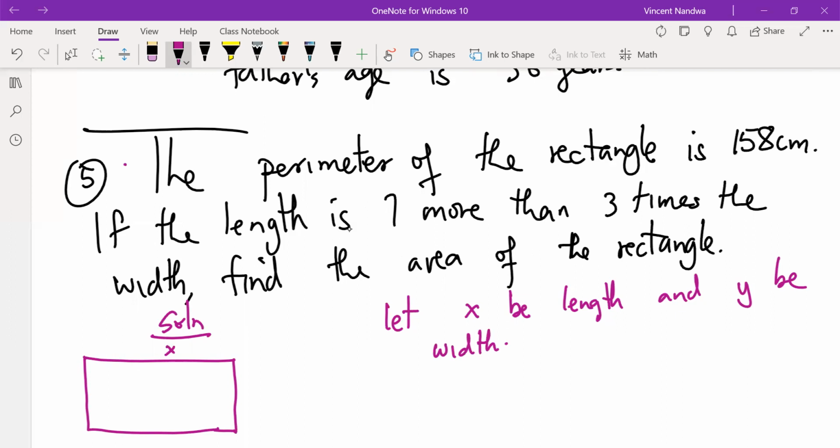So here I have X, I have Y. We have been told that length is 7 more than 3 times the width. So length, which is X, is the same as 3 times the width plus 7. More means plus.